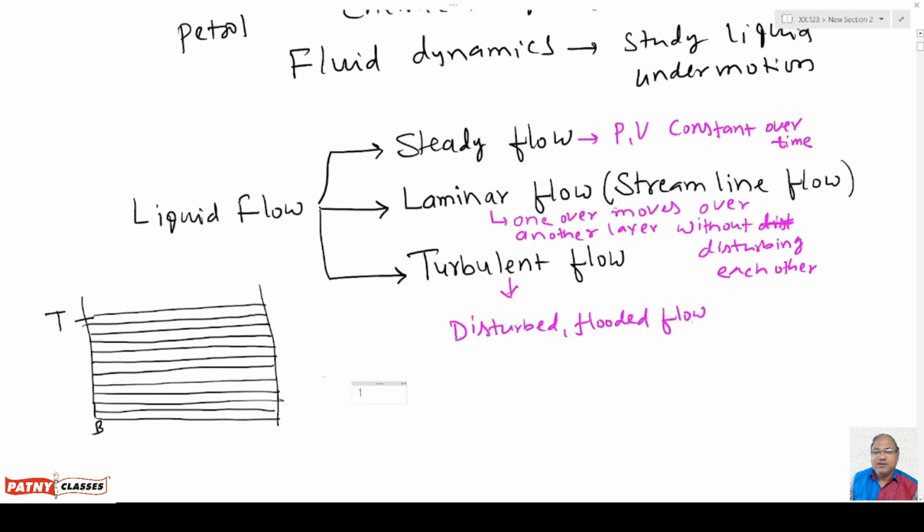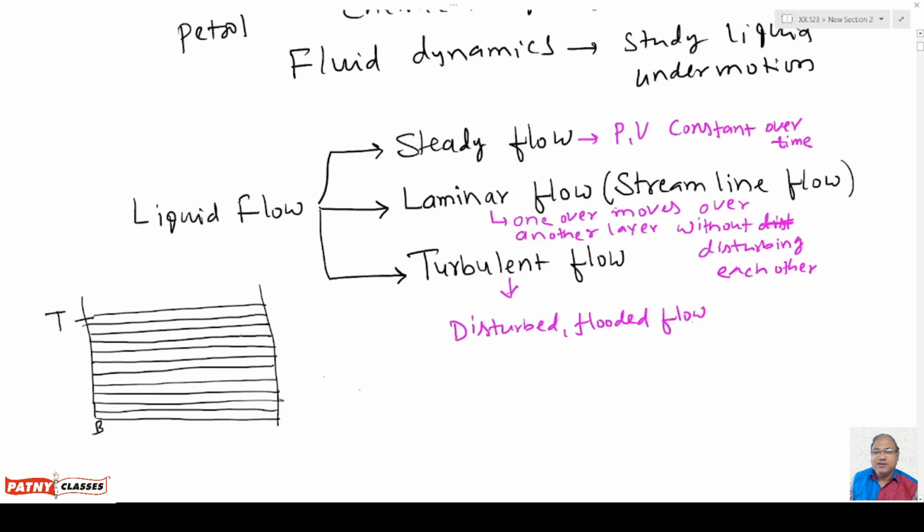Now the third type is called a turbulent flow. Just now I told you that the water is not one piece, it is a combination of one layer over another layer, like the river water. Like this, there are a large number of layers.